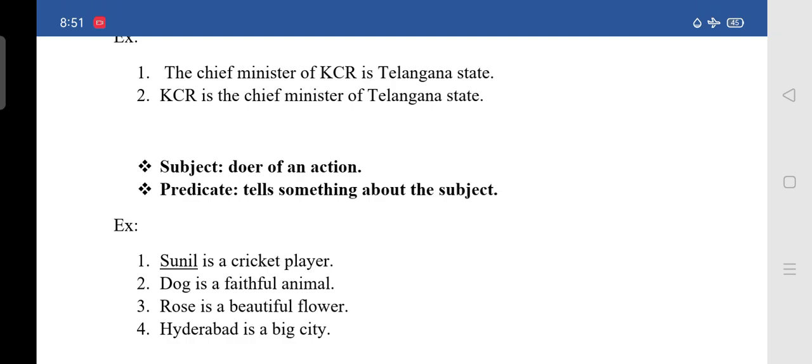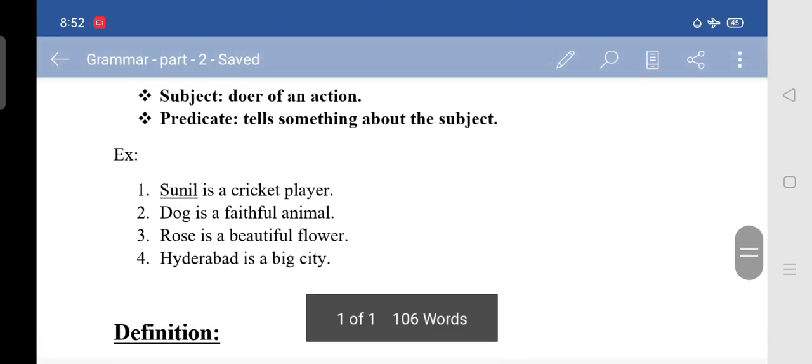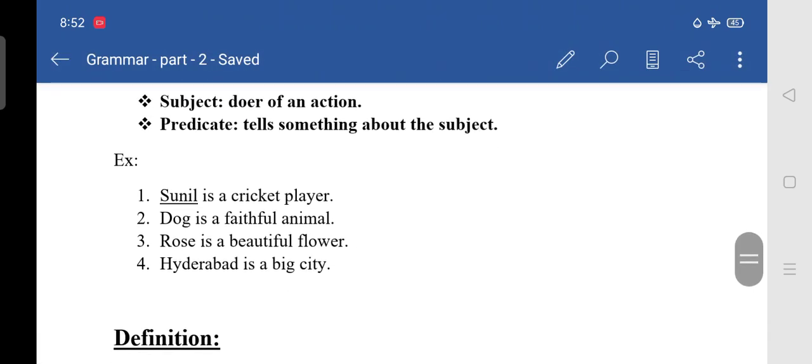Now if you see the fourth one, Hyderabad is a big city. Here Hyderabad is the subject and is a big city is the predicate, because it is explaining about Hyderabad, how Hyderabad is. It is a big city. So you can frame so many sentences with the help of this subject and predicate.